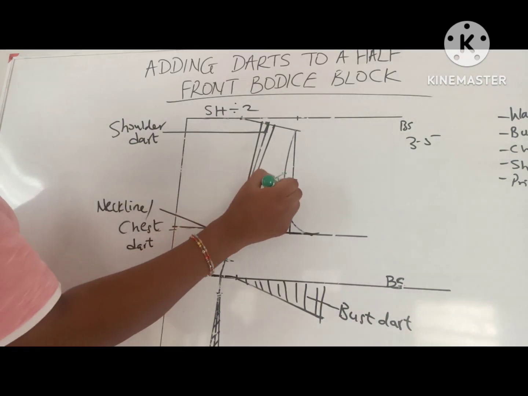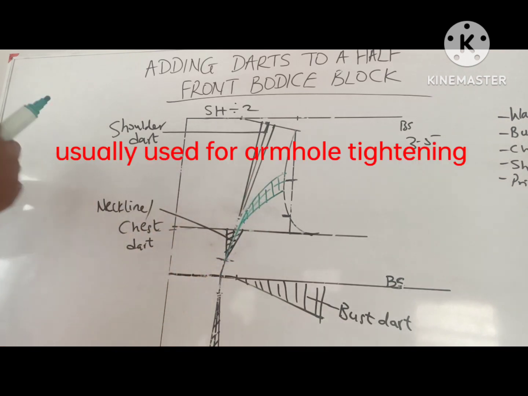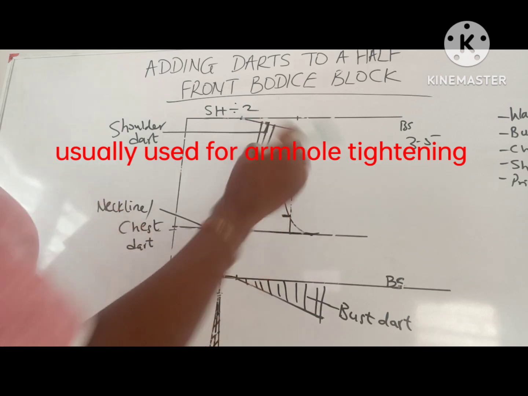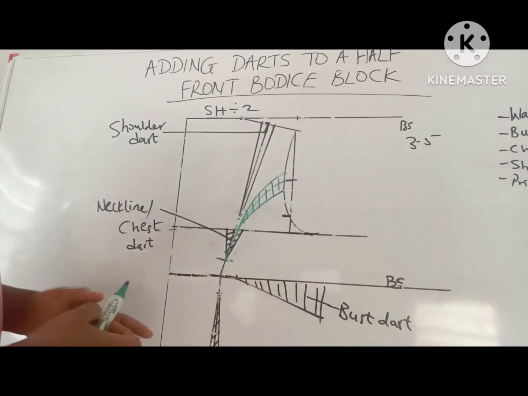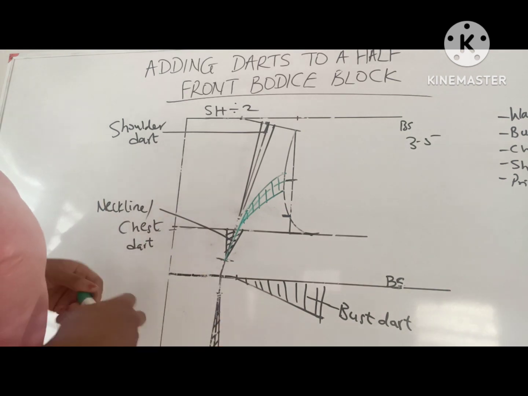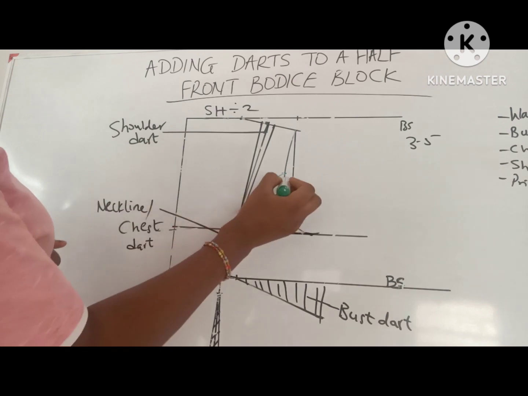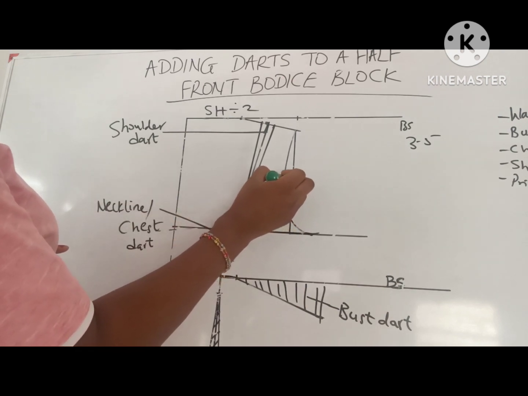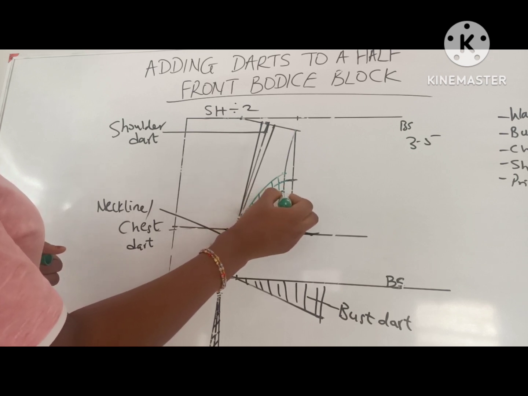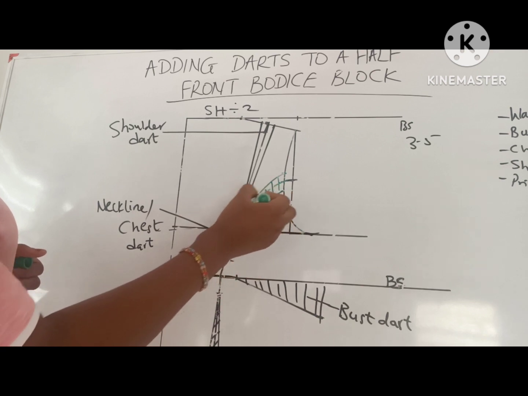So this is a process that we usually use to tighten, mostly for a sleeveless gown. But if it is a bustier blouse, after marking this here, you may need to come down by 1 inch before you connect the curve.